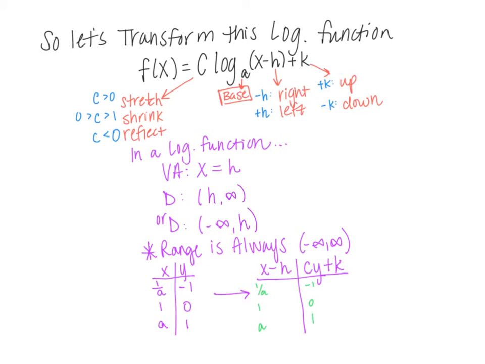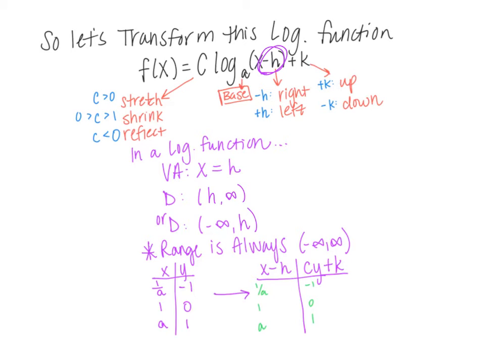Now, in an exponential function, remember the k, or our up-down motion, was the big transforming unit. But in a log, the big transforming unit is actually going to be our h. If you think about that, it's because the x is now important, whereas in the exponential function, the y was the more important one.